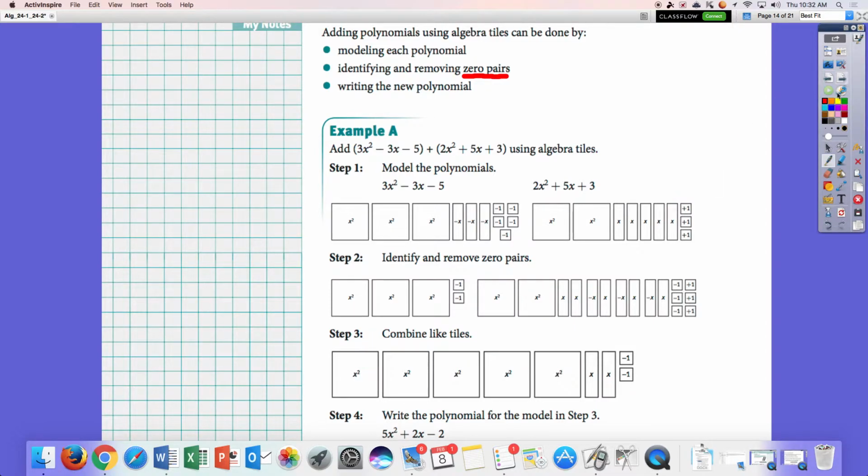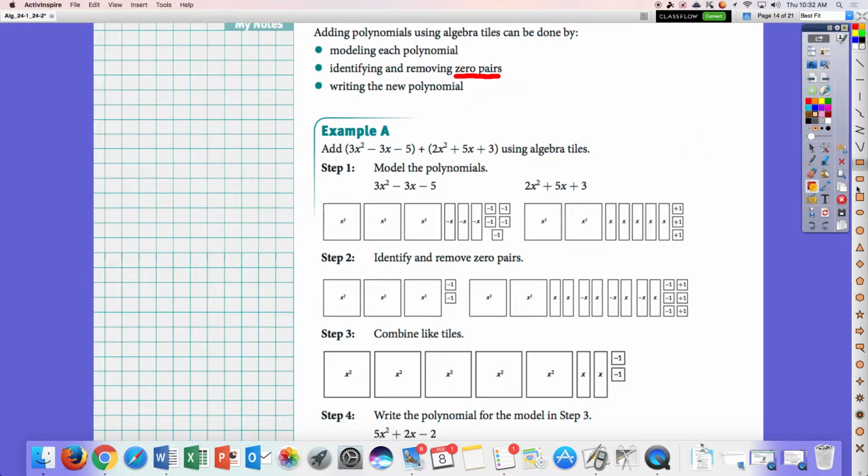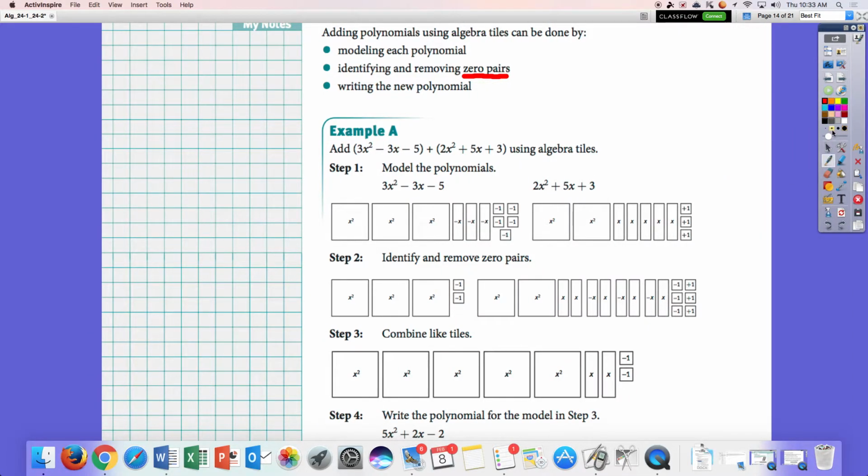Now, example A, which is shown here, is a very good representation of how we're going to use this for addition. So it says add 3x squared minus 3x minus 5 plus 2x squared plus 5x plus 3. Now, one thing I want you to take note of is that both of these polynomials are written inside parentheses.